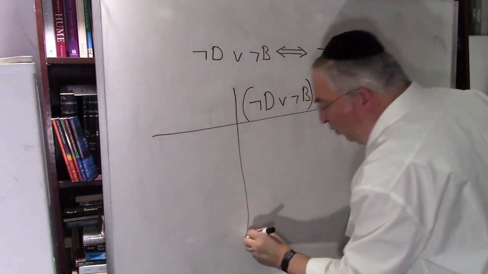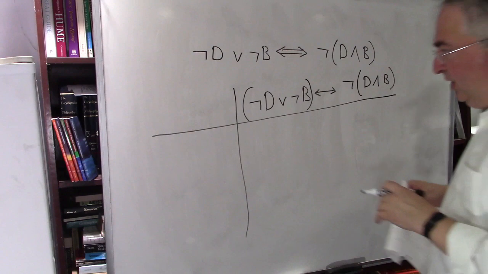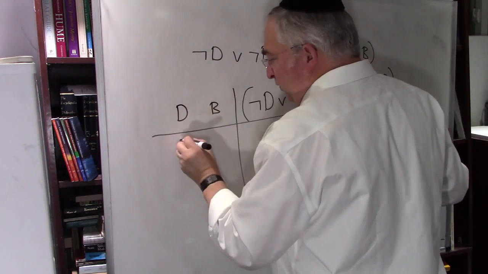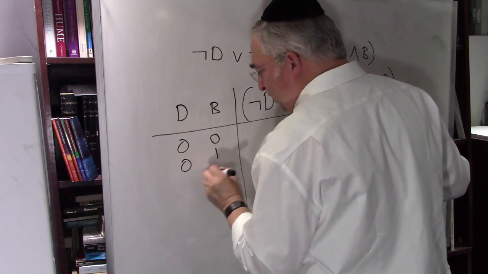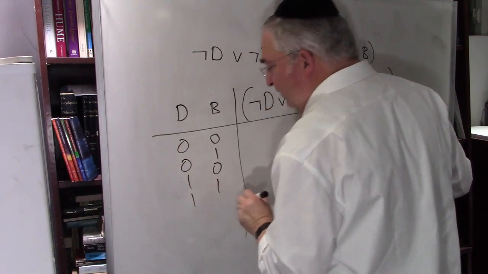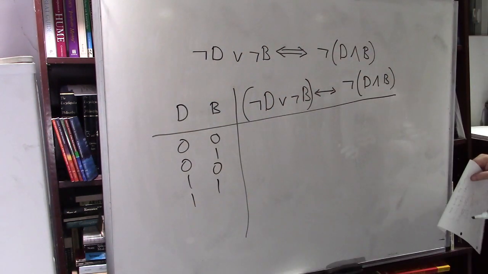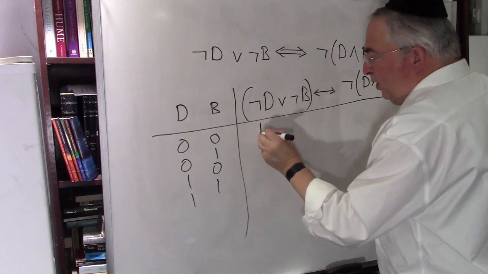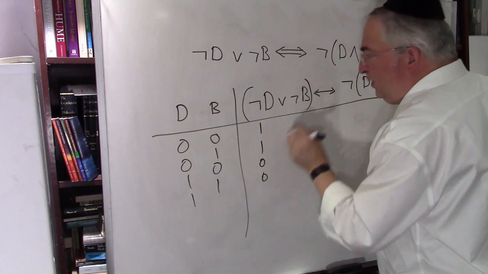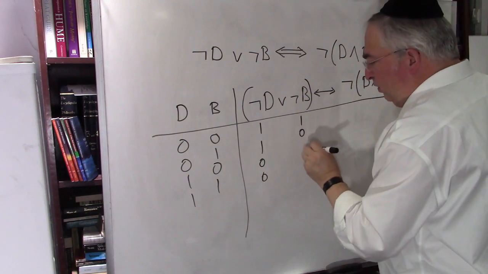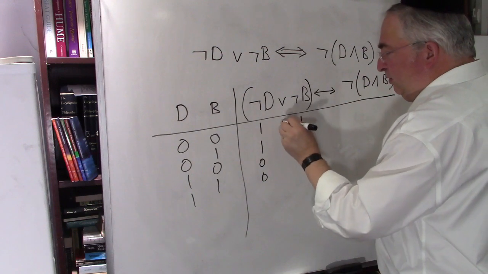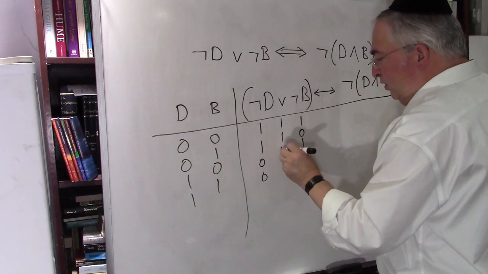It's going to take us one minute to make the truth table. So we have D and B. We have 0, 0, 0, 1, 1, 0, 1, 1. Okay, let's do it. Not D is 1, 1, 0, 0. Not B is 1, 0, 1, 0. Or is 1, 1, 1, 0.